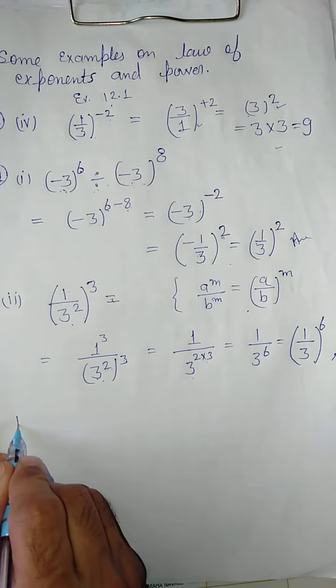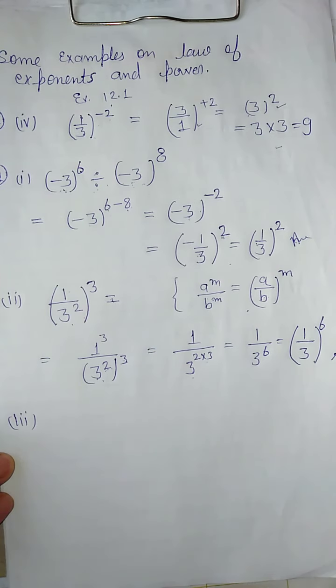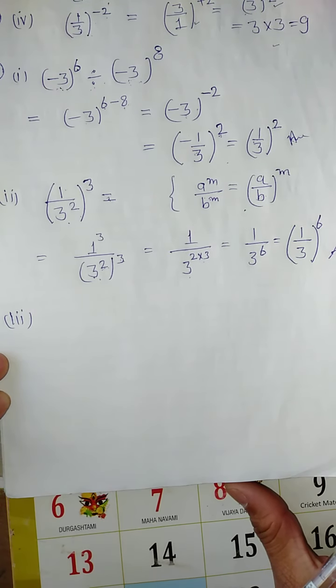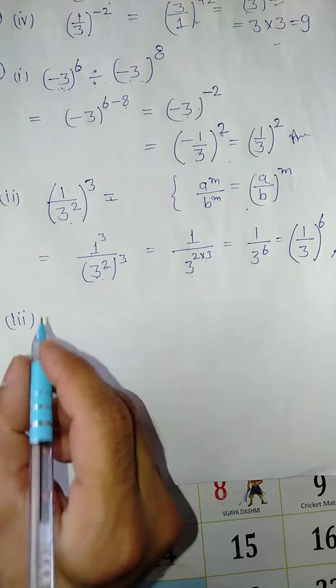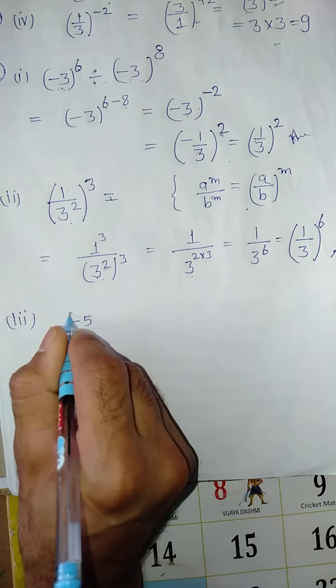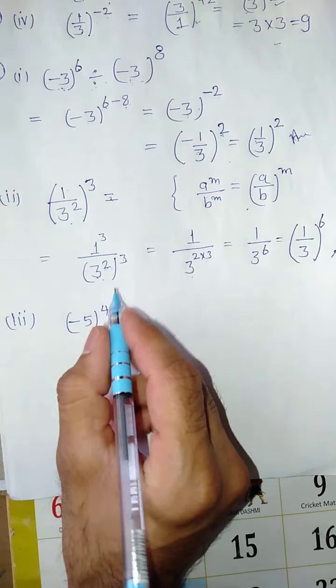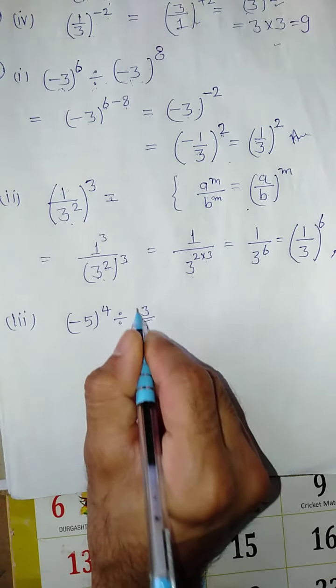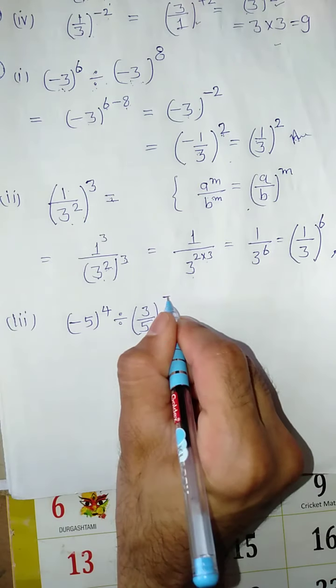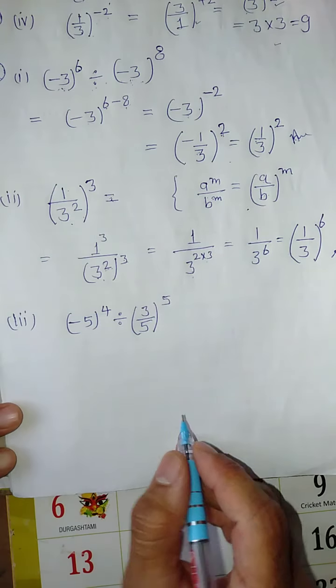Next one, number 3. Let's try to solve number 3. Number 3 is minus 5 power 4 divided by 3 upon 5 power 5, right?